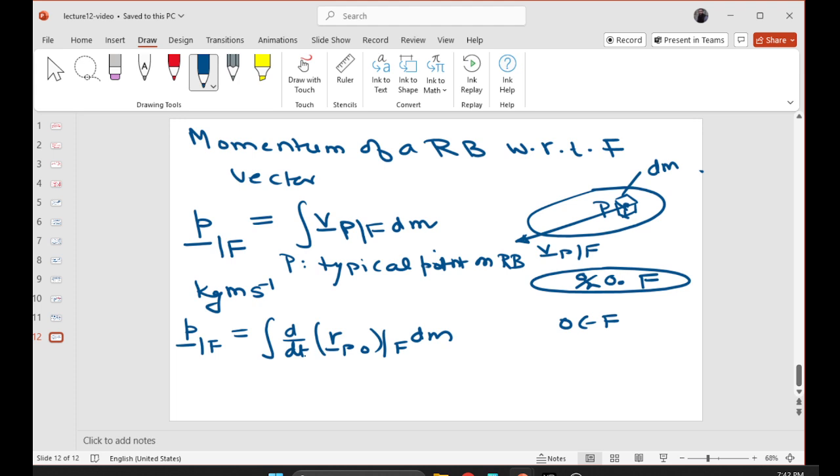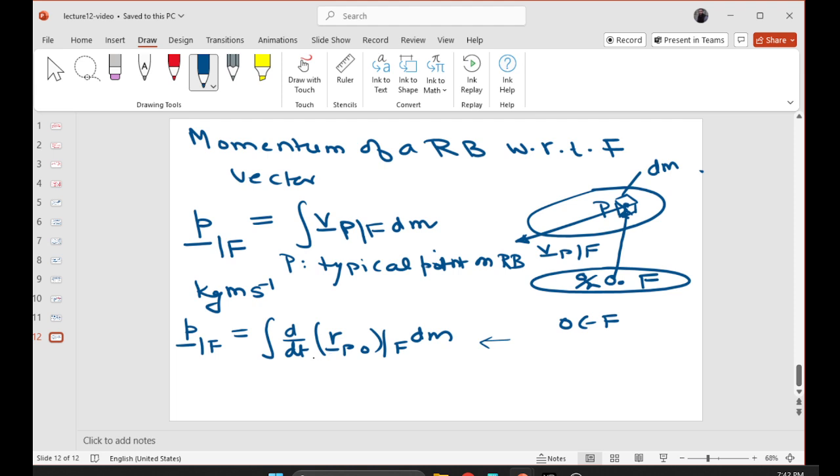The velocity of point P is indeed the time derivative of the vector RPO, which in this diagram will be this vector, with respect to frame F. Now here in this expression we have a time derivative acting on RPO, and then we are integrating the whole expression.